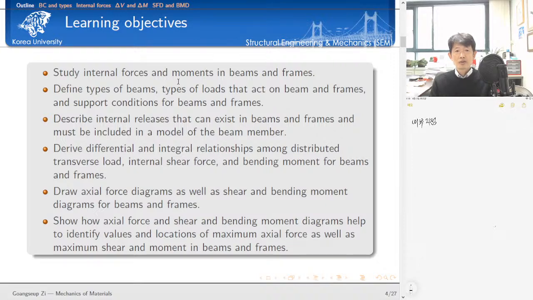And we'd like to learn how to construct the shear force diagram. The shear force diagram is simply called SFD. Okay, this is called the shear force diagram. In 우리말, it is called 전단력 선도. 전단력 선도.